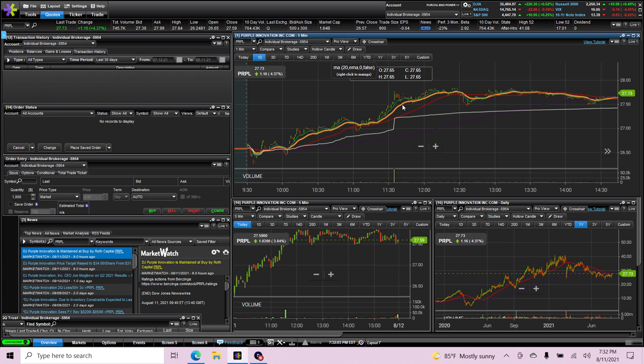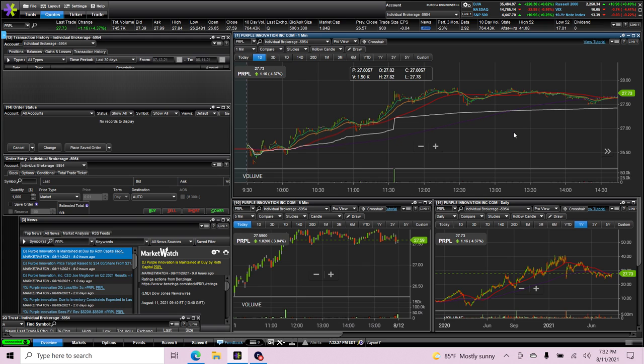The orange should be the previous 20, and the red would be the previous 50. And you could set these up however you wanted. Like you could do the 100 moving average, 150, whatever you wanted to do. I just have the 9, the 20, the 50, and the 200 because those tend to be the most popular. That's what everybody's looking at.